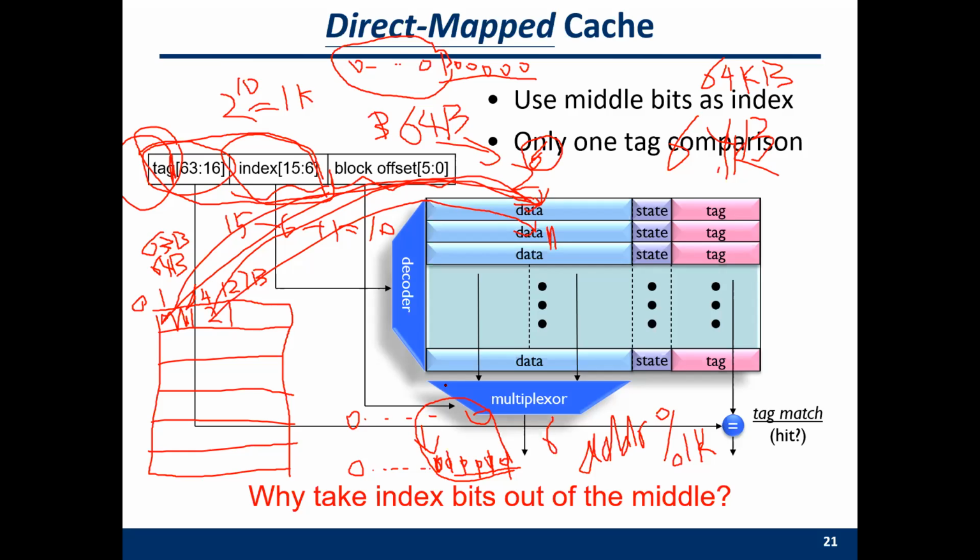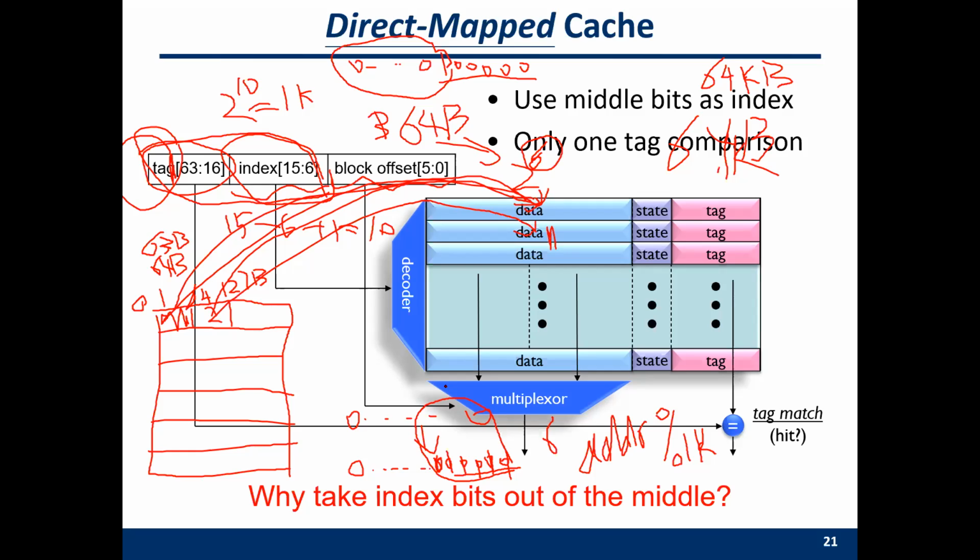The question is, can we program the hardware to read the index as a group of bits from the most significant? Yes, you can configure your hardware to do that. But as I explained, it's not good to use the most significant bits as the index. Why?